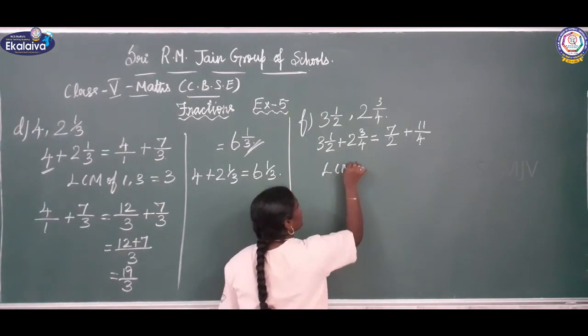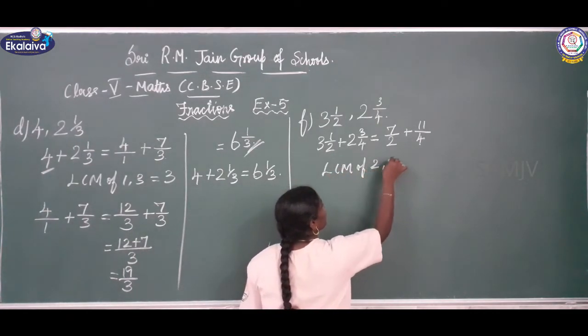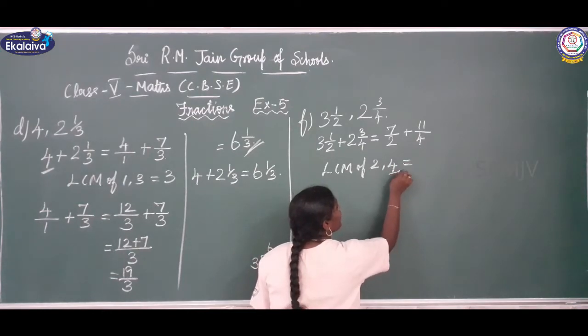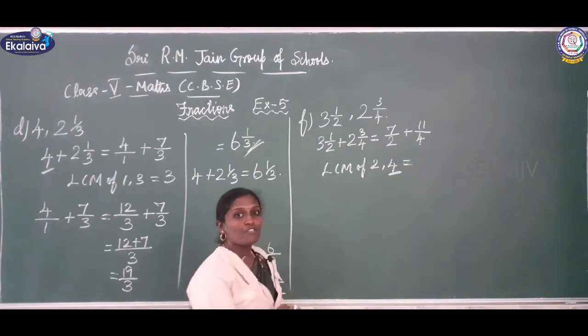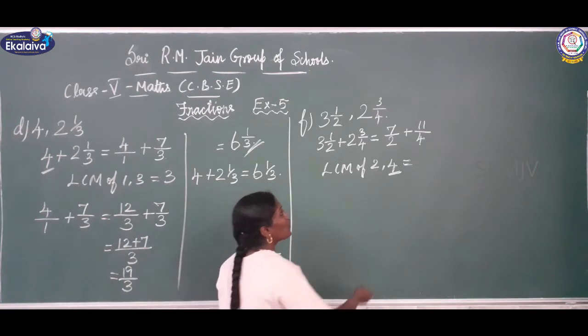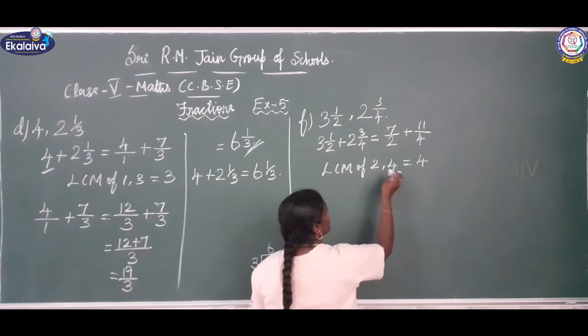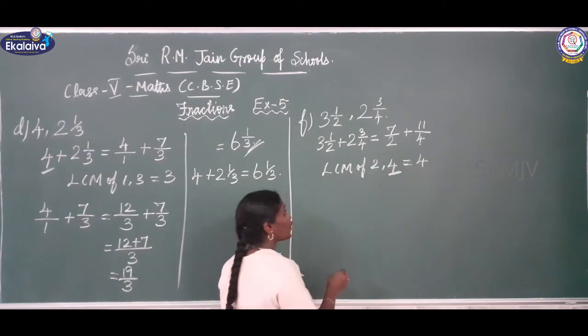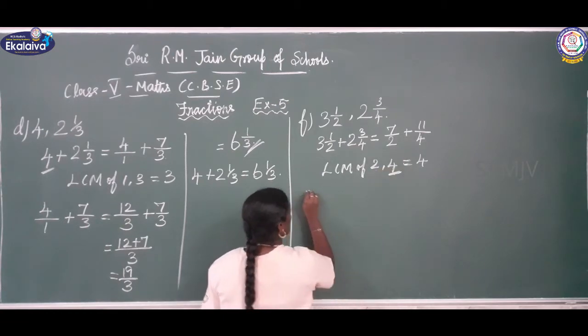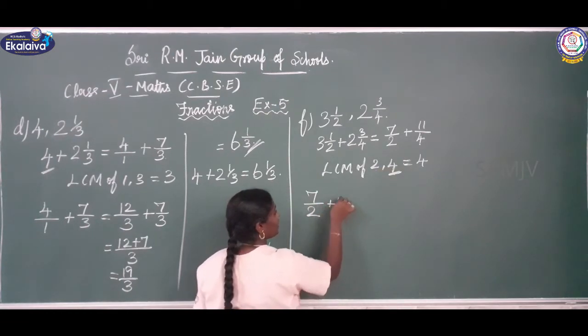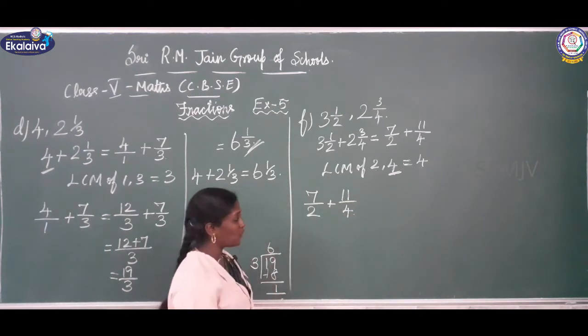So LCM of the denominator numbers 2 and 4. Here 4 is the multiple of 2, so we can take 4 as the LCM. So LCM of 2 and 4 is 4. So we have to convert the first fraction alone, because in the second fraction the denominator is already 4.